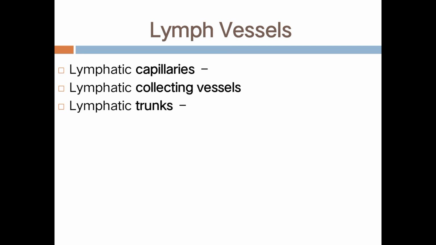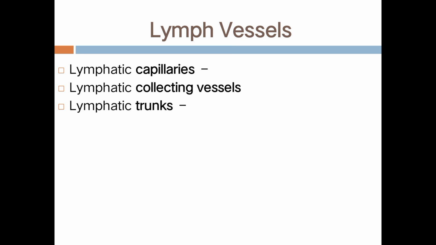Next, lymphatic trunks. Small lymphatic vessels join to form larger tributaries called lymphatic trunks, which drain large regions. Lymphatic trunks merge until the lymph enters the two lymphatic ducts. The right lymphatic duct drains lymph from the upper right quadrant of the body, and the thoracic duct drains all the rest.